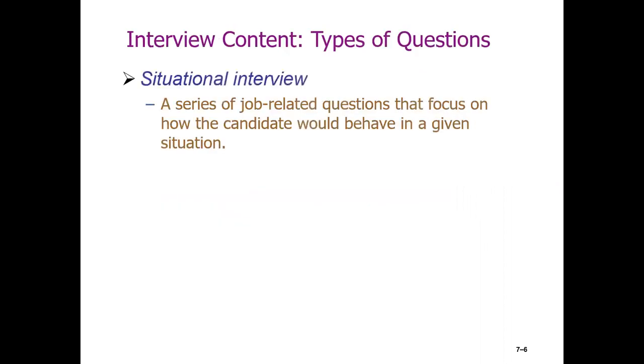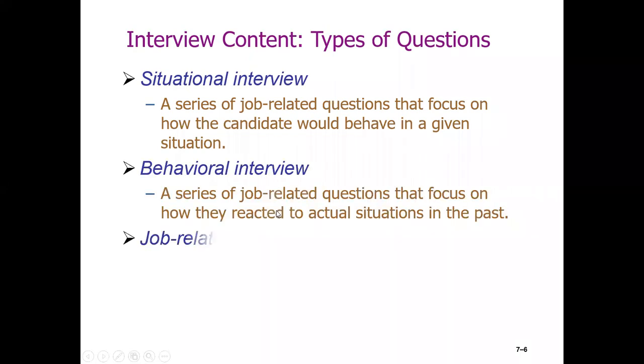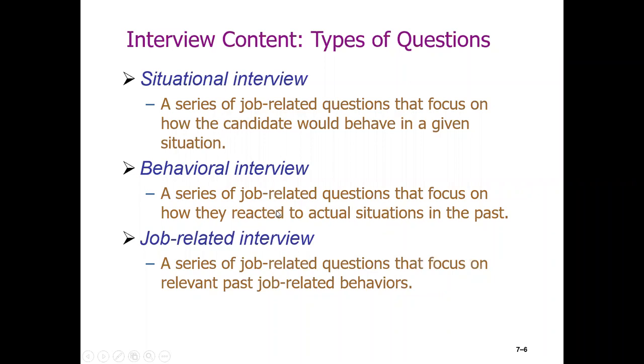Now, when you talk about interview content, there are different types of questions you need to address. The first type of questions are situational, related to situational interview. For example, a series of job-related questions that focus on how candidate would behave in a given situation. That is like situation interview.